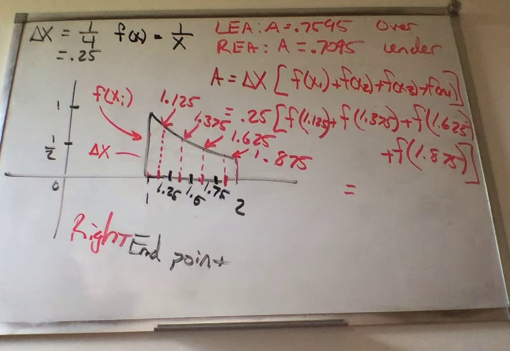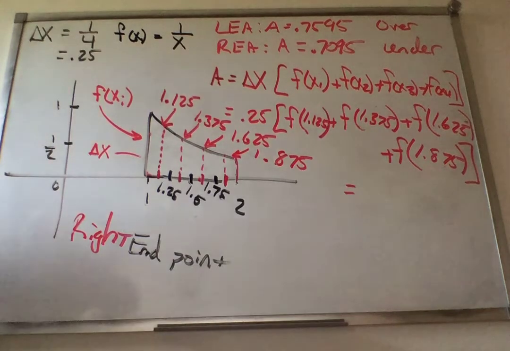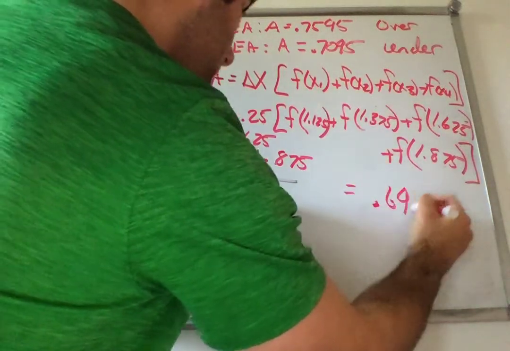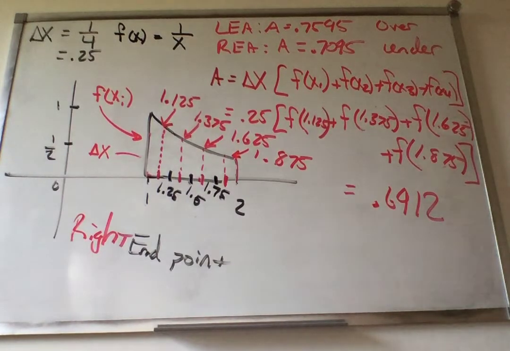So 1.125, 1.375, 1.625. Let's see. I got an answer 0.6912.